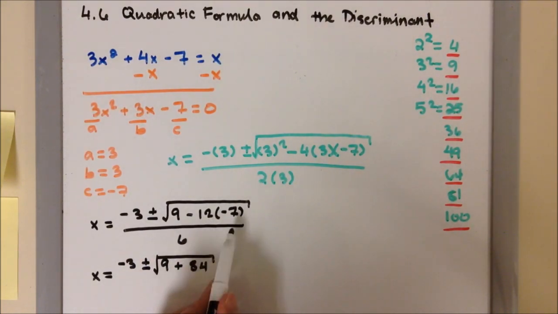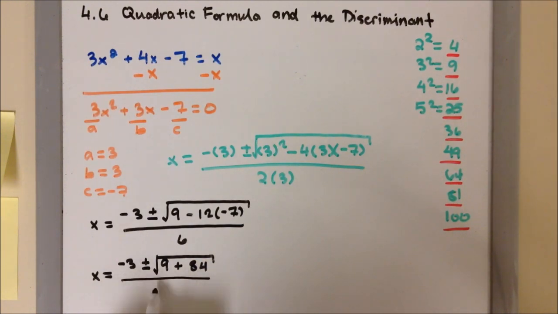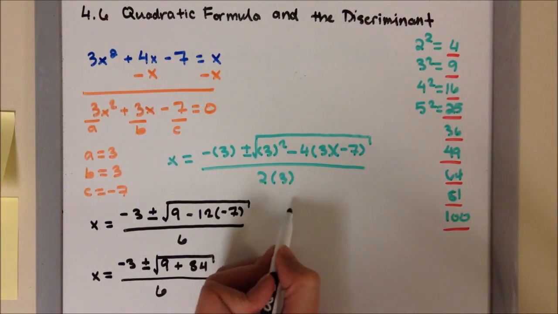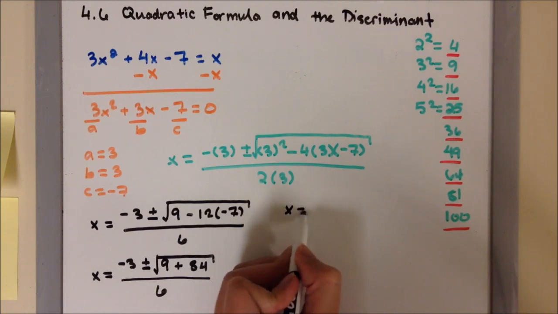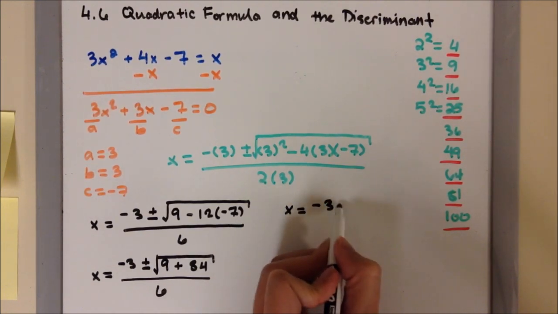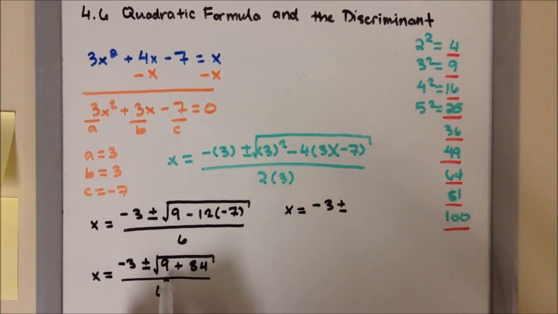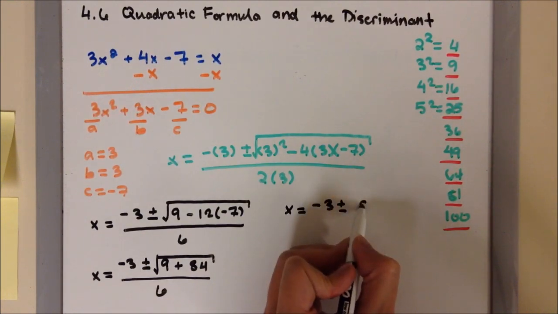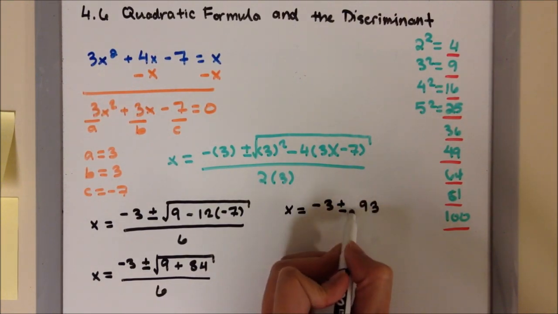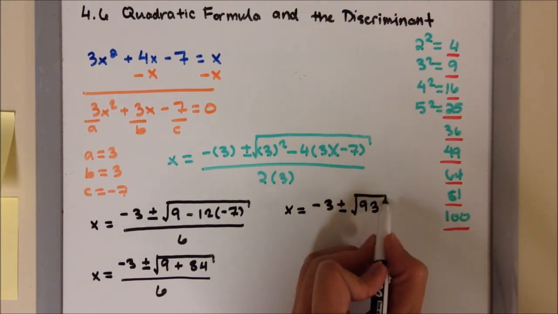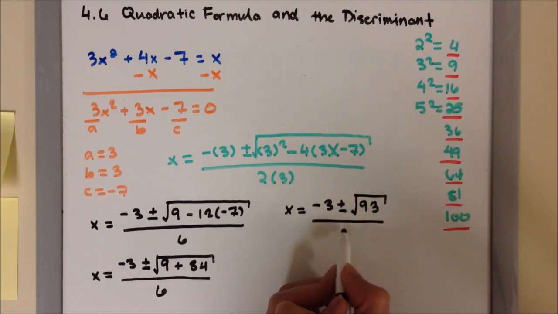So my negative 12 times negative 7 will be positive 84, divided by 6. So that means x equals negative 3 plus and minus the square root of 9 plus 84, which is 93. The whole thing divided by 6.